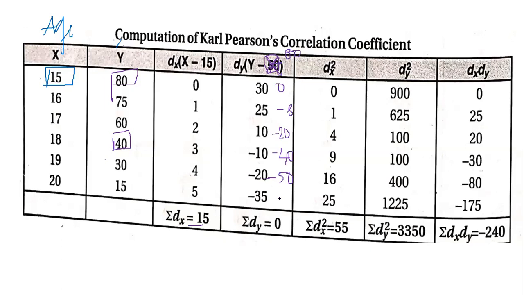Now you will have to go on and square these values and find dx dy, take all of these totals and put them in the formula. Since this assumed mean is wrongly taken, the whole calculation will go wrong. We will solve this problem once again in the next class for you to understand the proper answer. That is all.